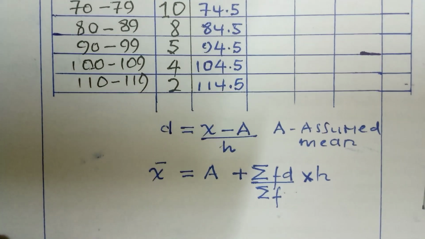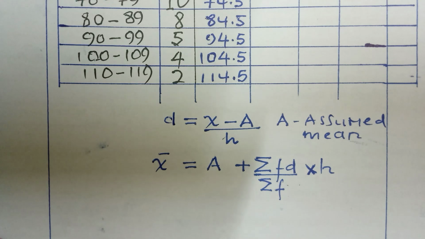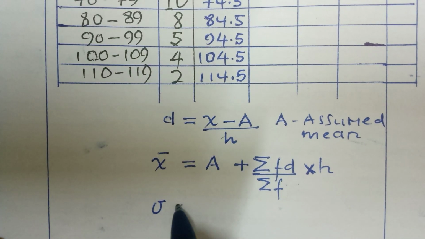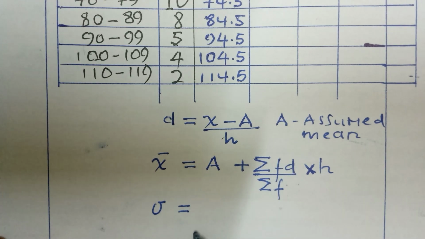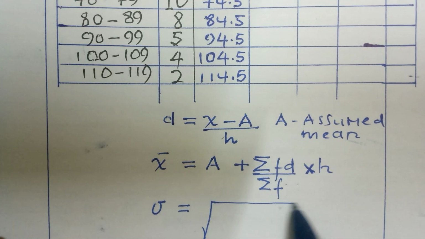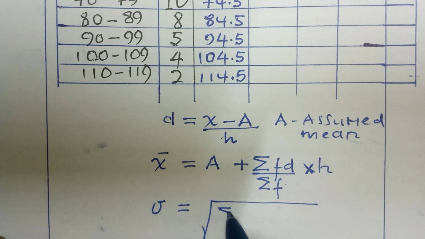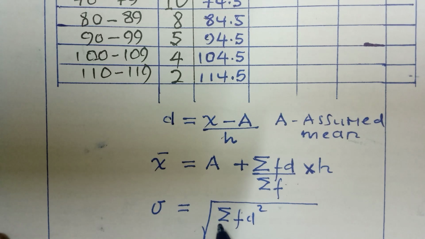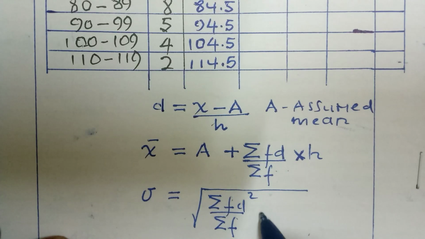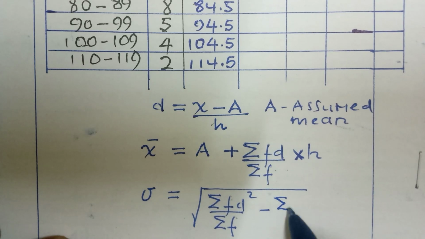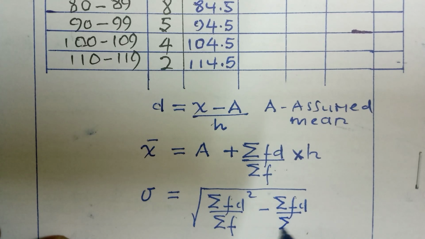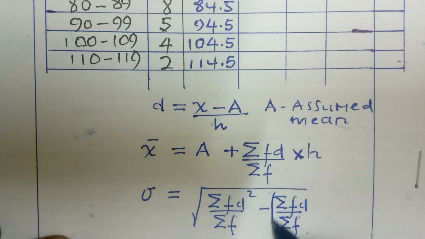After that guys, we have the deviation. We are looking for standard deviation. The standard deviation is given by square root of summation of FD squared, like that, divided by summation of F minus summation of FD all over summation of F. This is actually the mean.